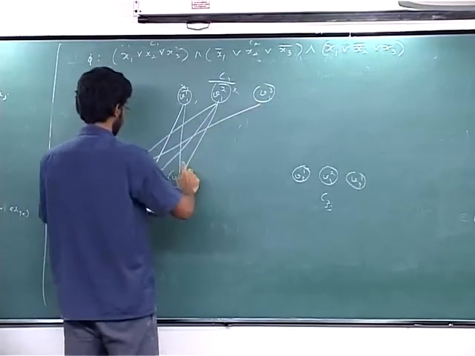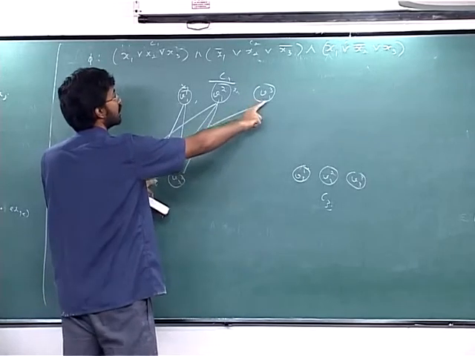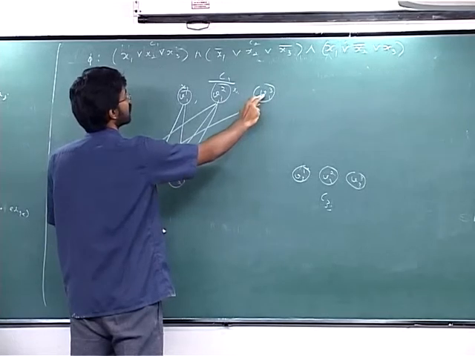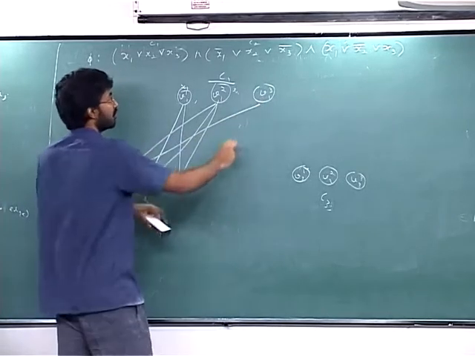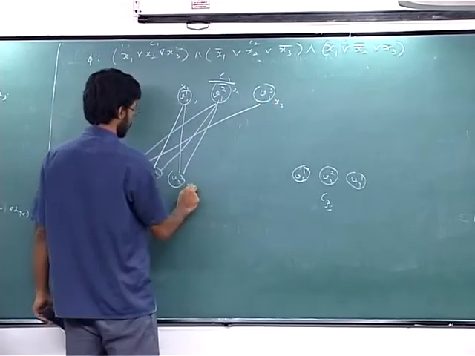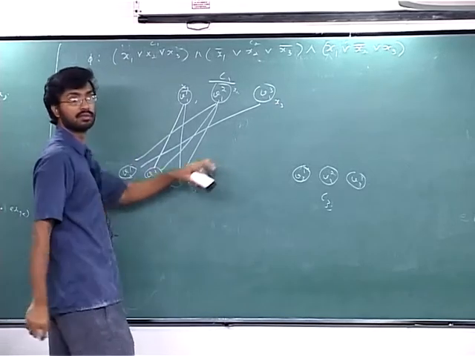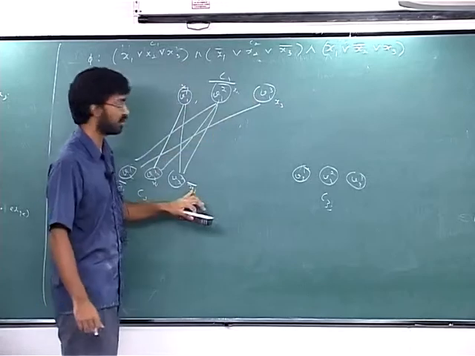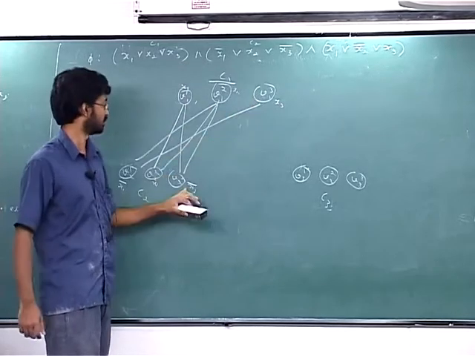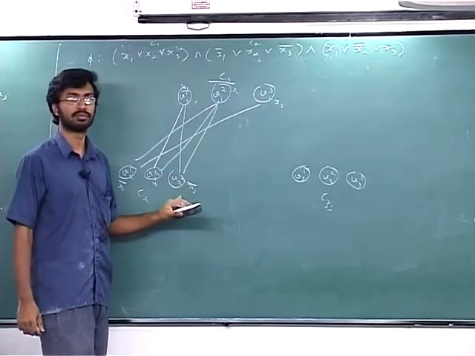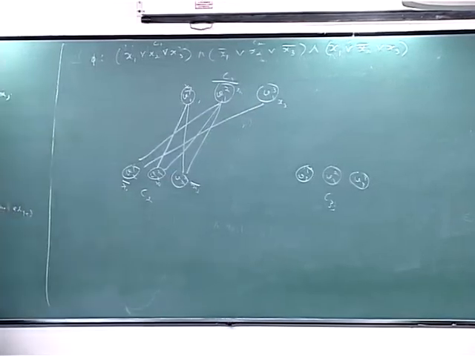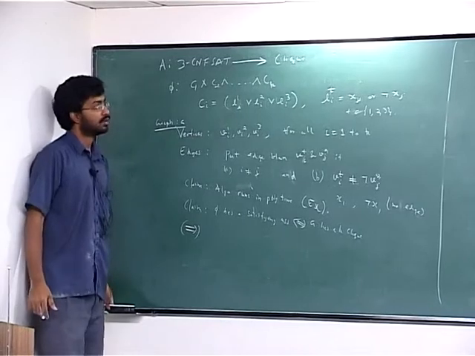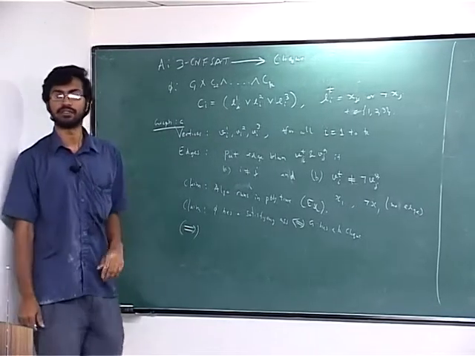This was not allowed, sorry. This is not allowed because this is x3 and this is x3 bar. So this is not allowed. Okay. So we can put edges like this.